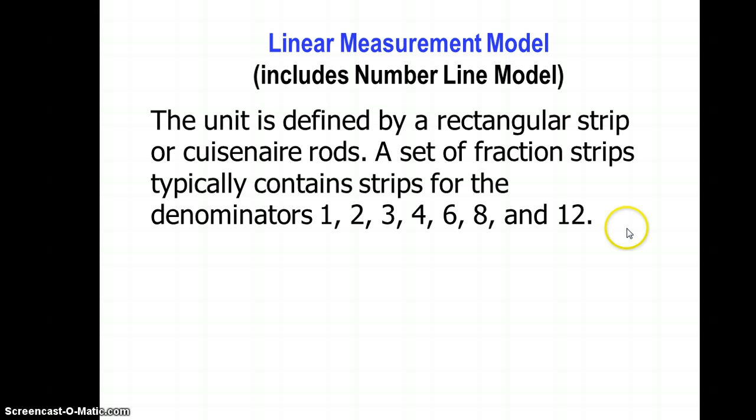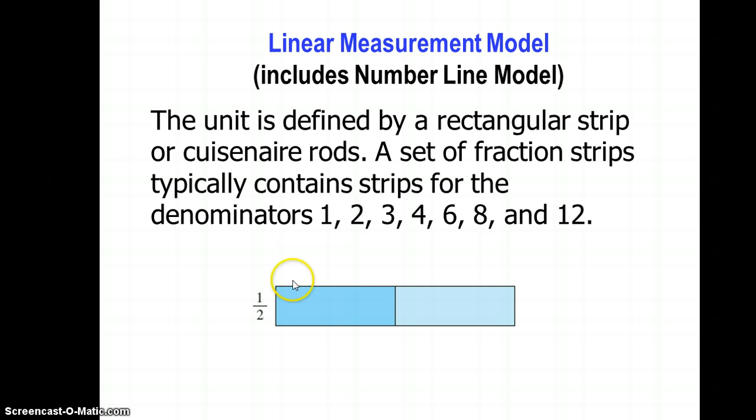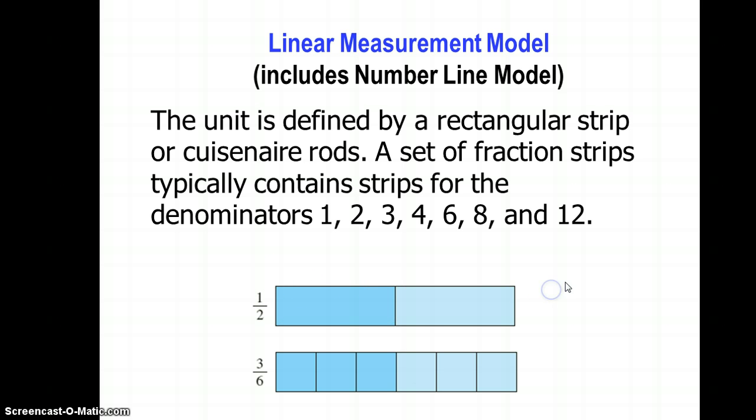Okay, the linear measurement model is really, again, using kind of like the bar diagrams and also the fraction strips that we did. Cuisenaire rods is another one. Any kind of linear model where you're drawing something like a line that could also include a number line. So we call that a linear model. So something like this. You have, this is your whole, this shaded part maybe represents the half.